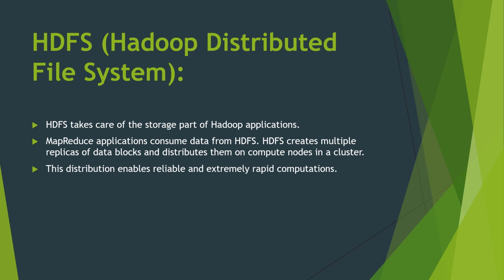Okay. First, we are going to see the name node. The name node works as a master in a Hadoop cluster that guides the data nodes. The name node is mainly used for storing the metadata, that is, the data about the data. Metadata can be the transaction logs that keep track of the user's activity in the Hadoop cluster.